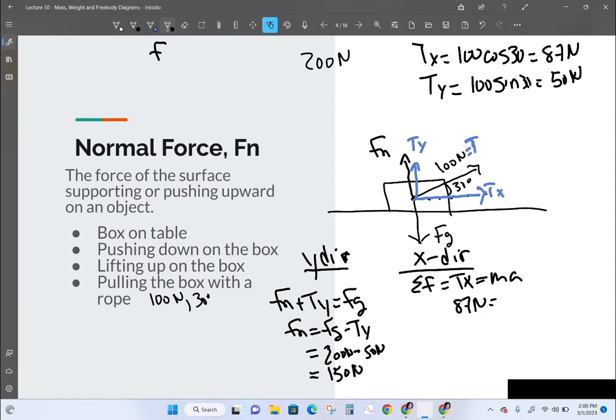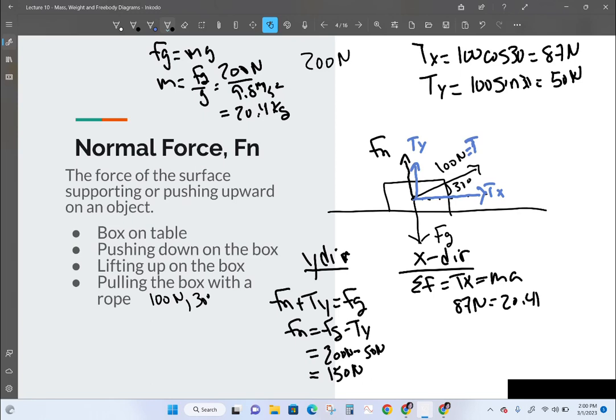Well, I know that weight is equal to mg and mass is equal to the weight divided by g. My weight is 200 newtons, gravity is 9.8, and we found that to be 20.4 kilograms. So I'm going to plug in Tx is 87 newtons and 20.4 kilograms times acceleration.